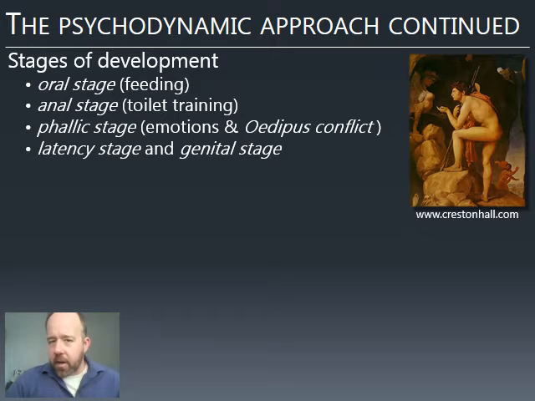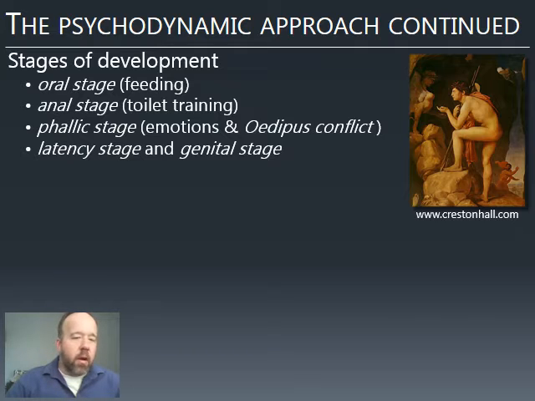So the latency stage is something that starts around 5 or 6 years old, and this is where development kind of stops. All the sexual urges get repressed, and the individual often throws themselves into hobbies, interests, friendships with individuals of the same sex, and so there's not really much development going on here for about 10 years.